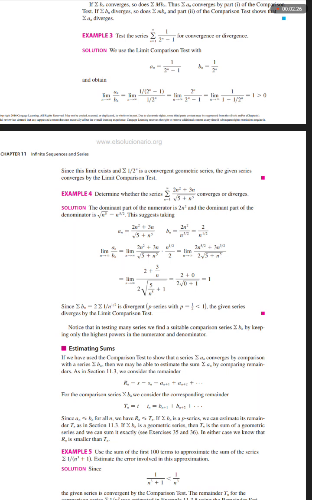This suggests taking a sub n equals 2n squared plus 3n over the square root of 5 plus n to the 5th power, and b sub n equals 2n squared over n to the power 5 over 2 equals 2 over n to the power 1 over 2.